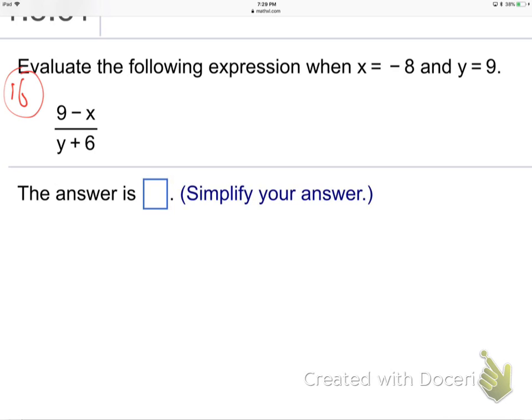Okay, so 9 minus x over y plus 6. Go ahead, plug in negative 8 for x and 9 for y, and see what you get.